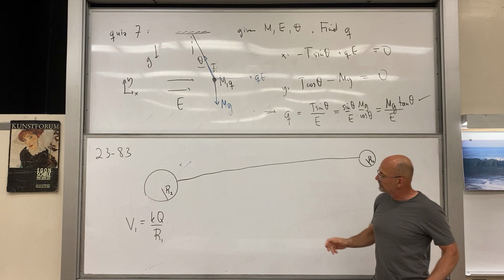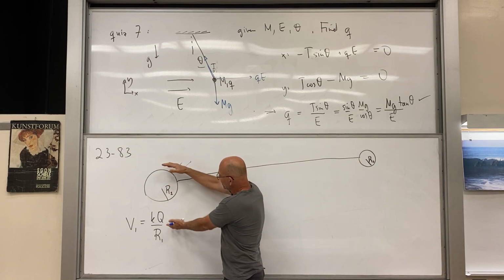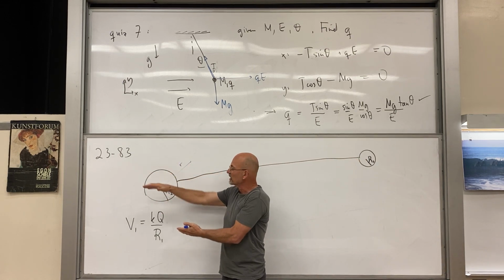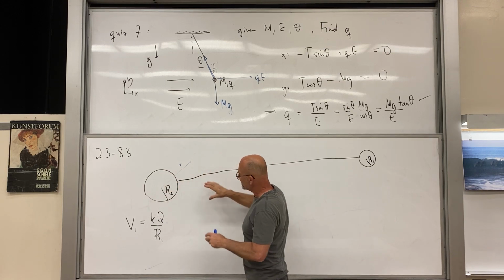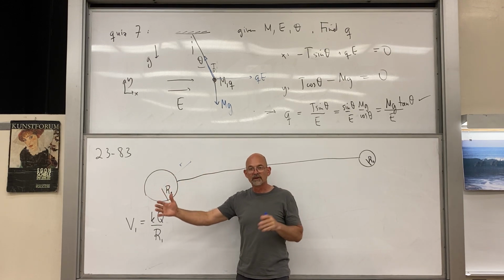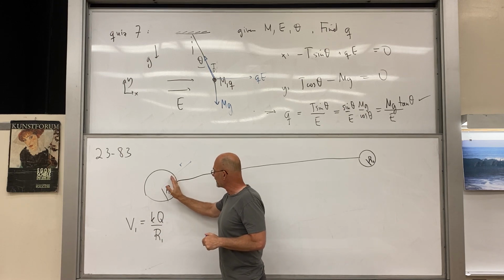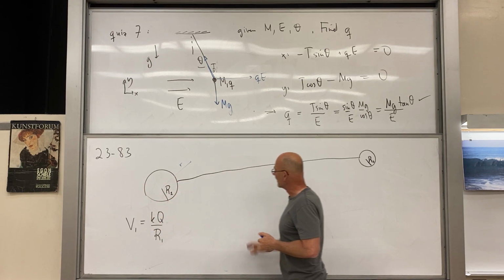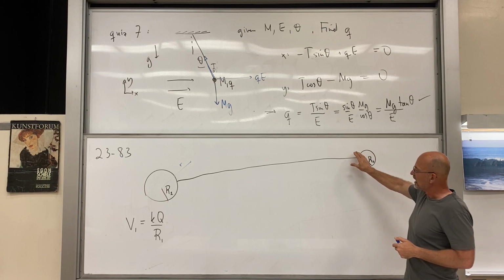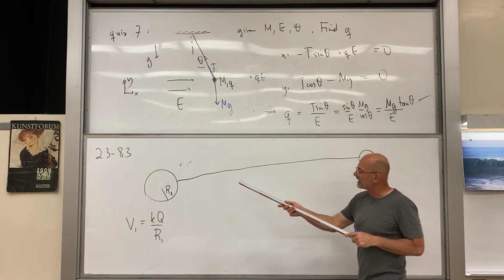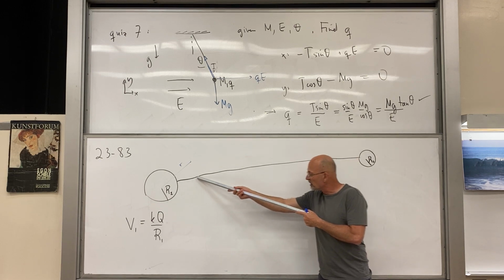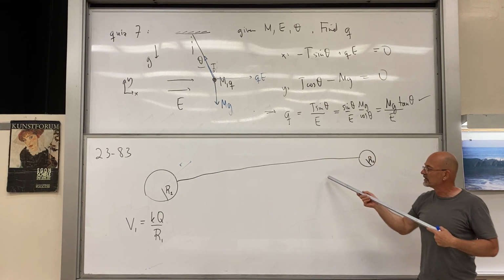That is to say, we still want to have a spherically symmetric charge distribution. If these things were close enough together and they have the same sign of charge, of course it would push it apart, and you'd have less on one side and more on the other. Okay, so that's the reason for the long wire. The wire is thin so that a negligible amount of charge is on the wire.